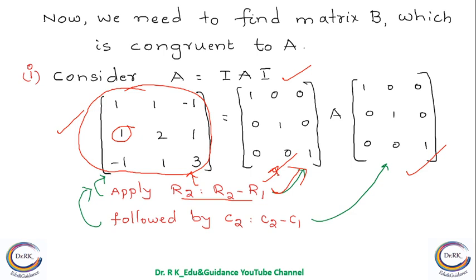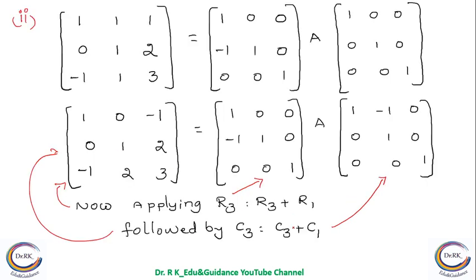After completing this, it is compulsory that we go for the similar column transformation, that is C2 is C2 minus C1. Let's see it. So this is what we get: first applying the row operation, then applying the similar column transformation.